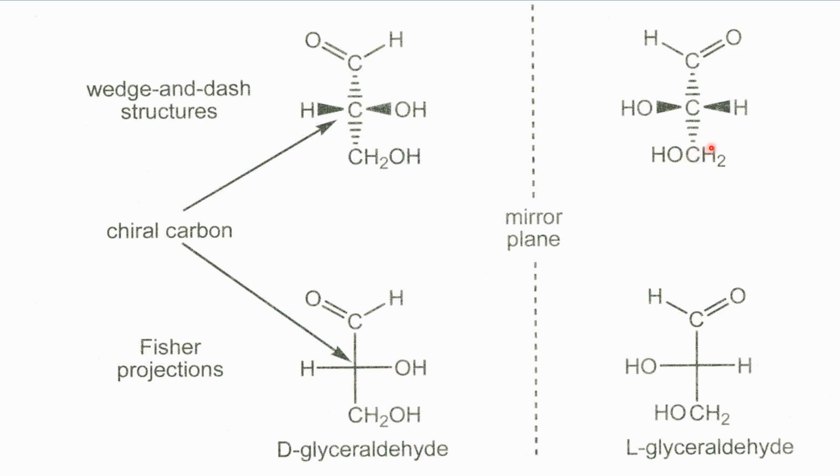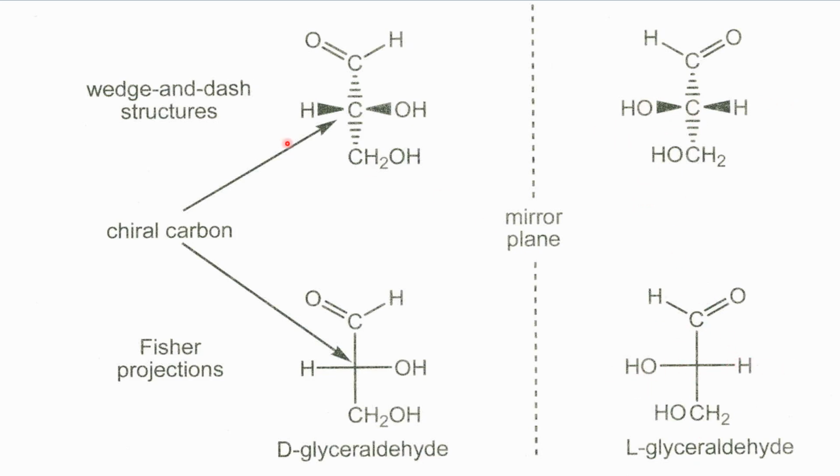And here we have the enantiomer, the mirror image of this D-glyceraldehyde. As we have done for D-glyceraldehyde, we have done for L-glyceraldehyde also. The bonds which are going away from the viewer are taken in the vertical line, the bonds coming towards the viewer are taken in the horizontal line.